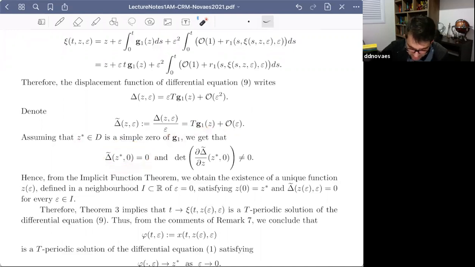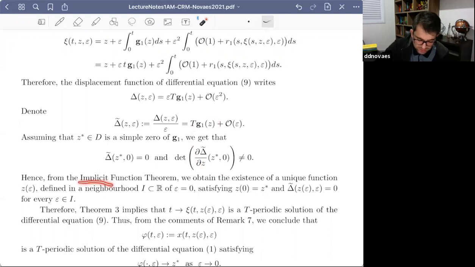And the determinant of the differential of delta tilde with respect to the variable z evaluated at z star, 0 is distinct from 0 because it's exactly t multiplied by the derivative of g1 evaluated at z star. And we know, because it's a simple zero of g1, that this determinant is distinct from 0.